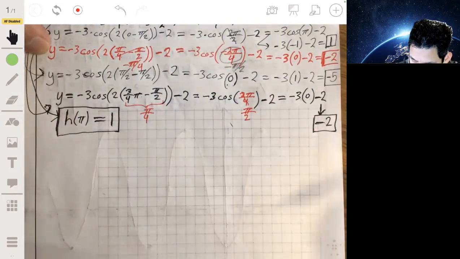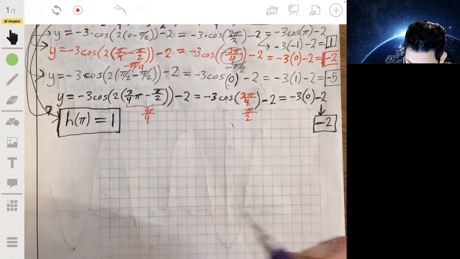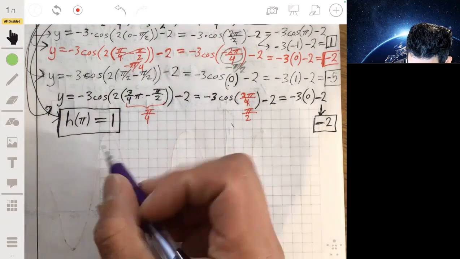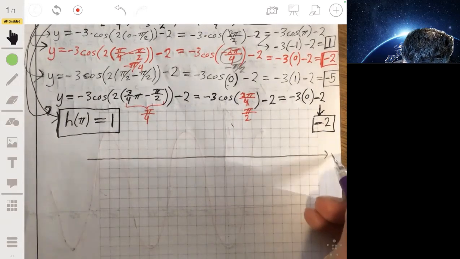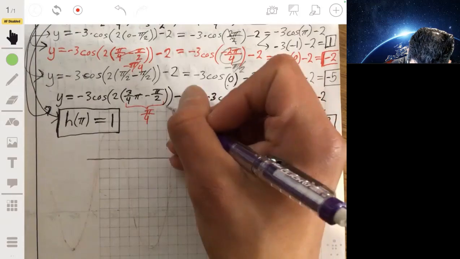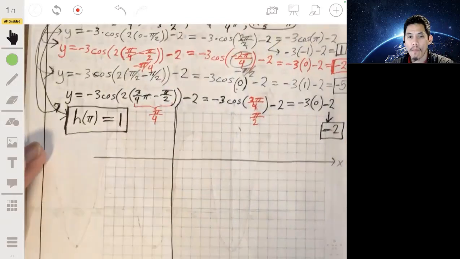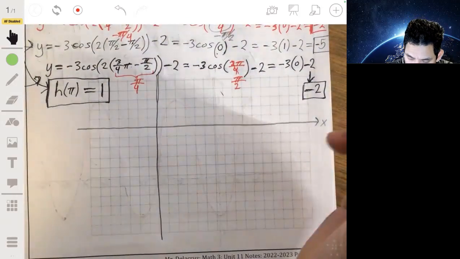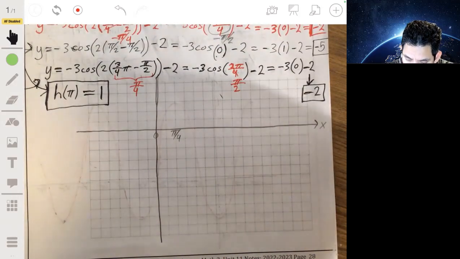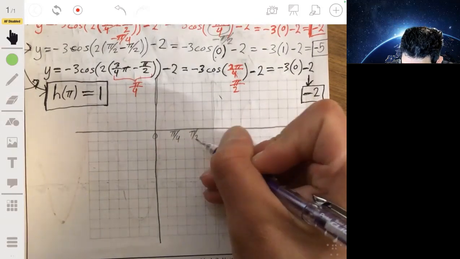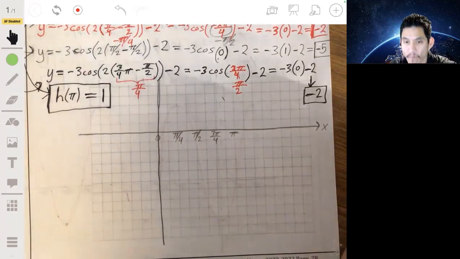So now let's just go ahead, let's graph these on this graph here. So let's make sure we have enough room to go down to -pi. And scoot the graph maybe up here. And breaking it up at 4, so we get 0, pi over 4, pi over 2, 3/4 pi, then pi.